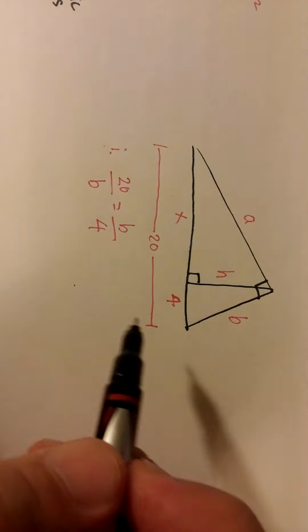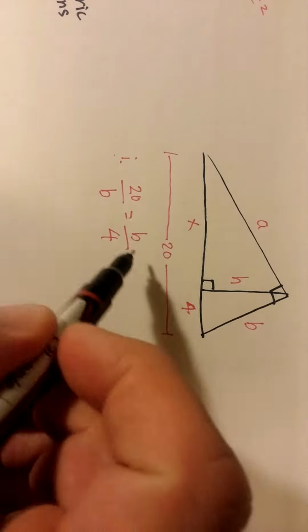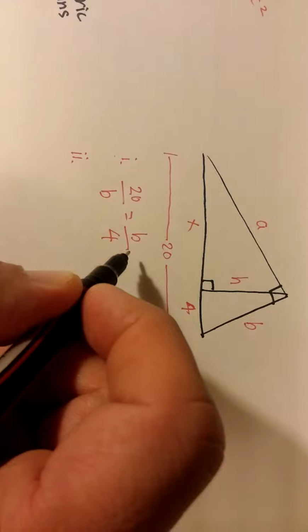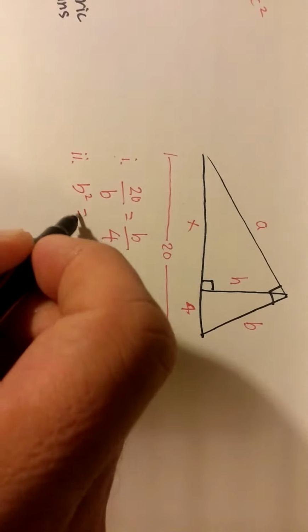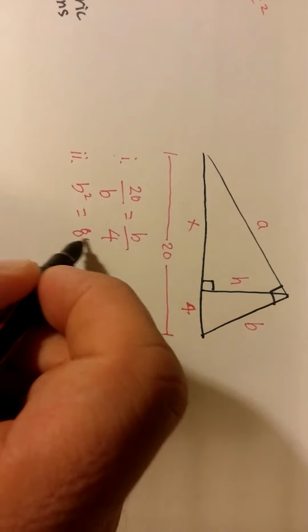Okay, because it's similar triangles, right? And we know that that relationship works. So now let's go ahead and apply the geometric means. B times b is b squared, is equal to 4 times 20, which is 80.